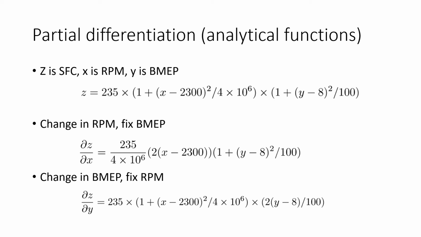So let's look at that as an analytical function, and I'm going to introduce partial differentiation. What's the slope? So here's my specific fuel consumption. I'm going to call it Z now. My speed, I'm going to call X, and my pressure Y. And my engine computer might want to know, if I change the rotational speed, RPM, what's the impact of that on specific fuel consumption?